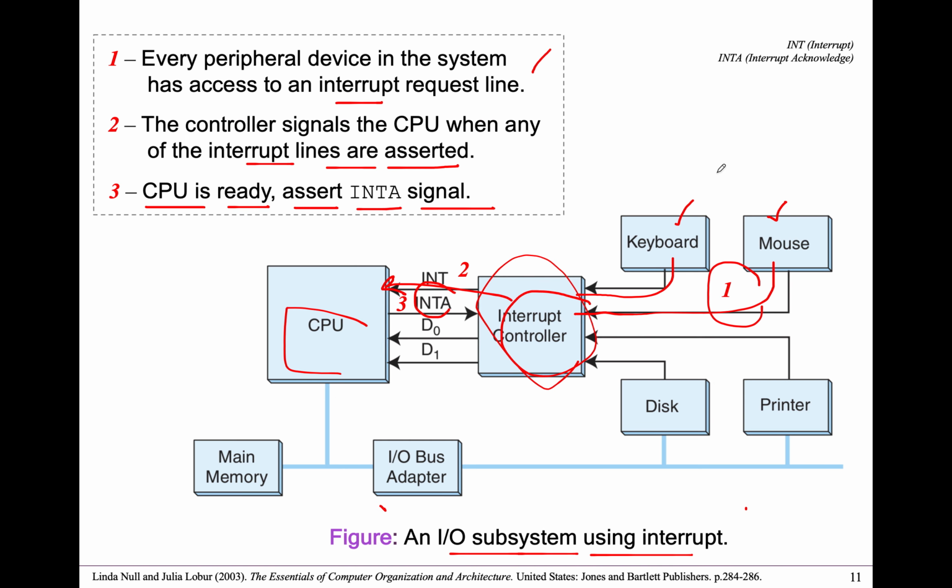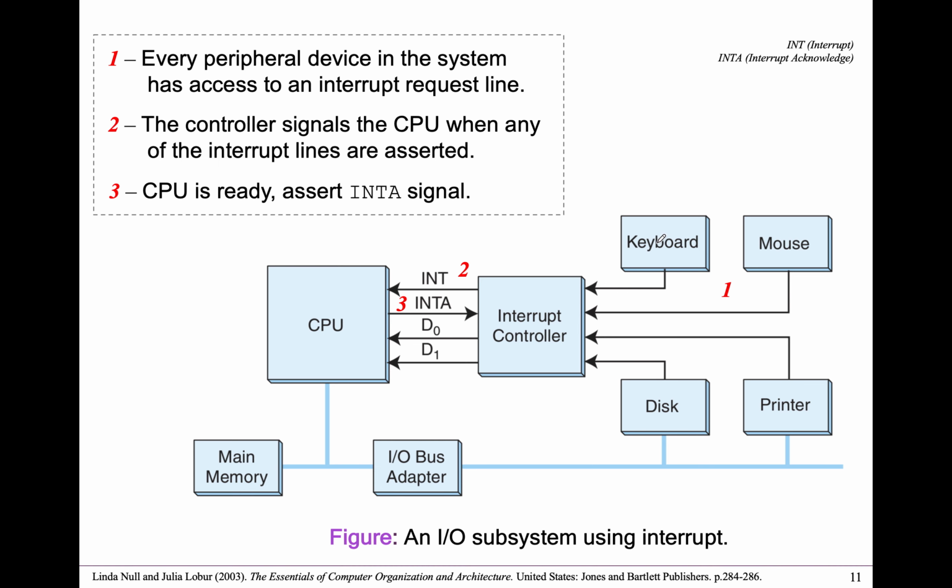You have the keyboard and the mouse as input. You have a disk, a printer. I guess this one is not input, but let's say it is a scanner, it can be. So printer is normally output, right?